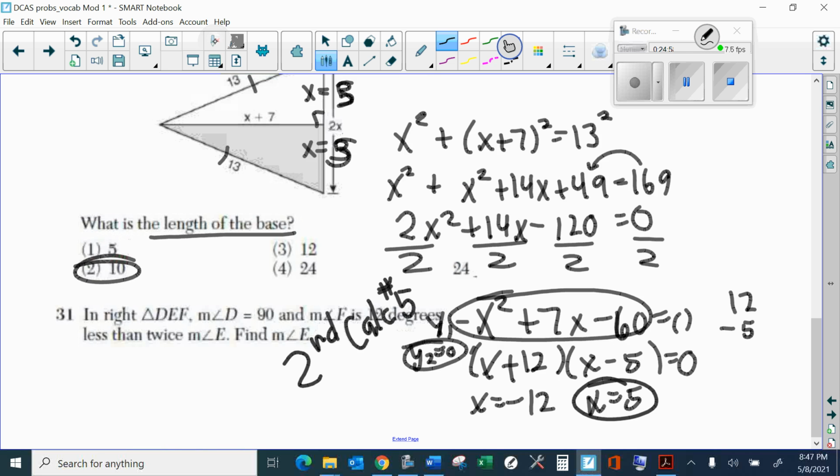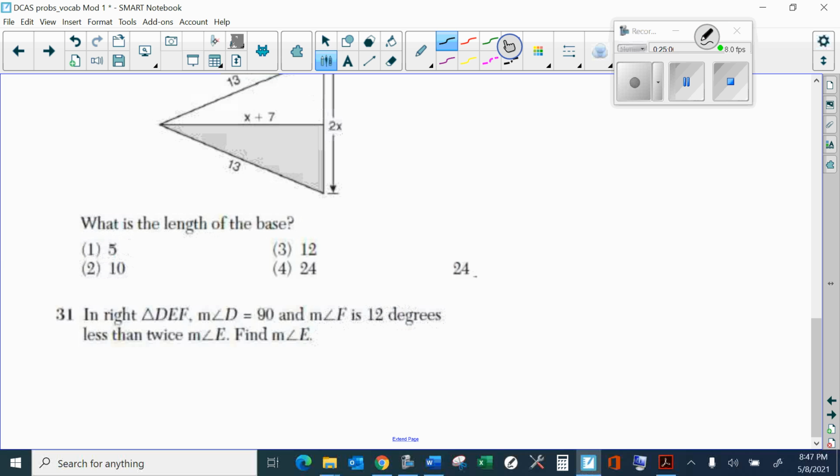This last one here. In right triangle DEF, D is 90 degrees, and F is 12 degrees less than twice E. So let's say E is x, and F is 12 degrees less than twice that, so twice it minus the 12.